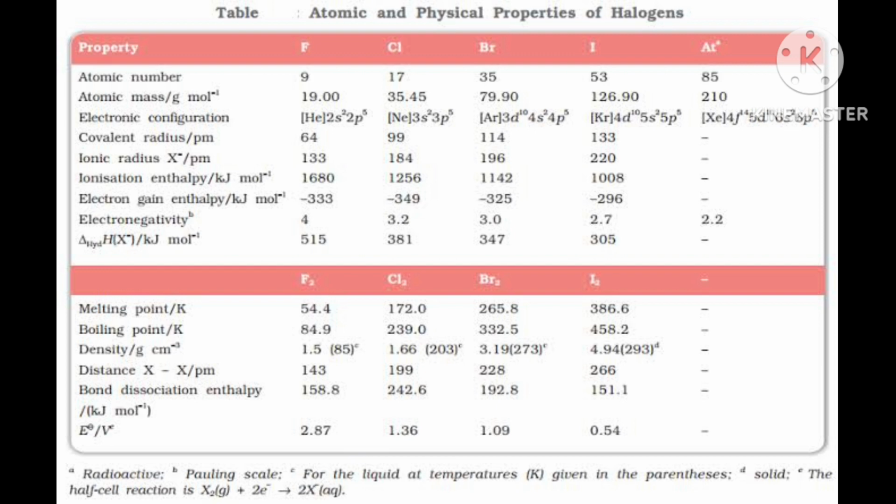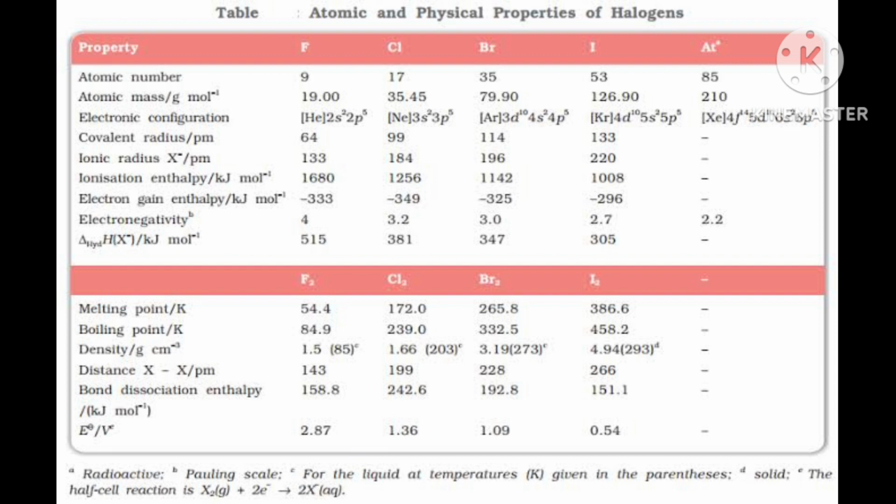Now, other physical properties. I want to focus more on physical properties. Actually, I have given data in the beginning. Halogens display a smooth variation in their physical properties. Fluorine and chlorine are gases.